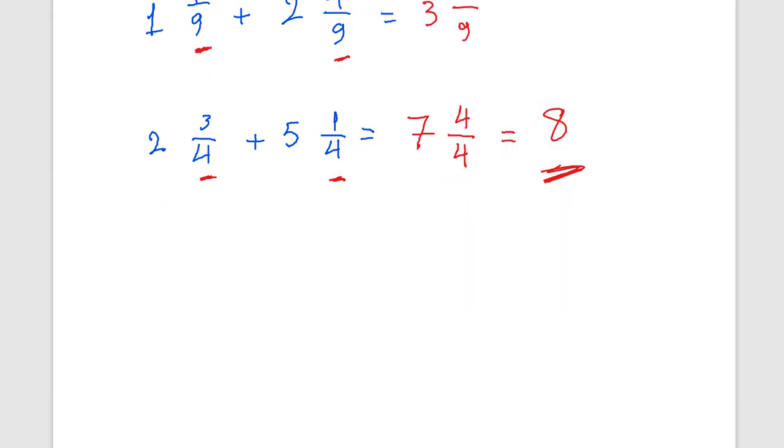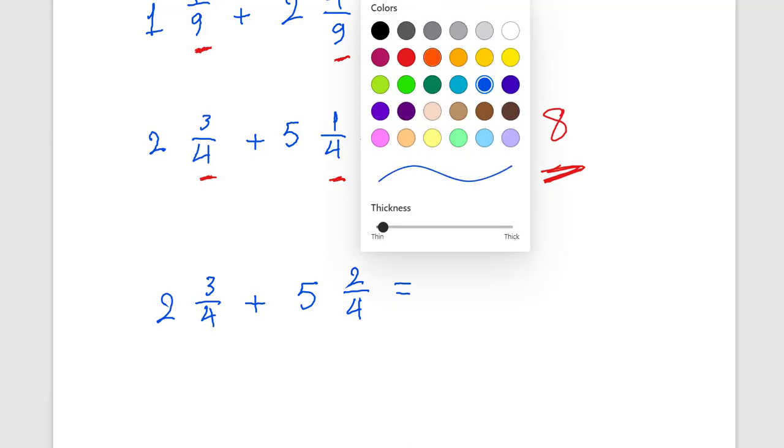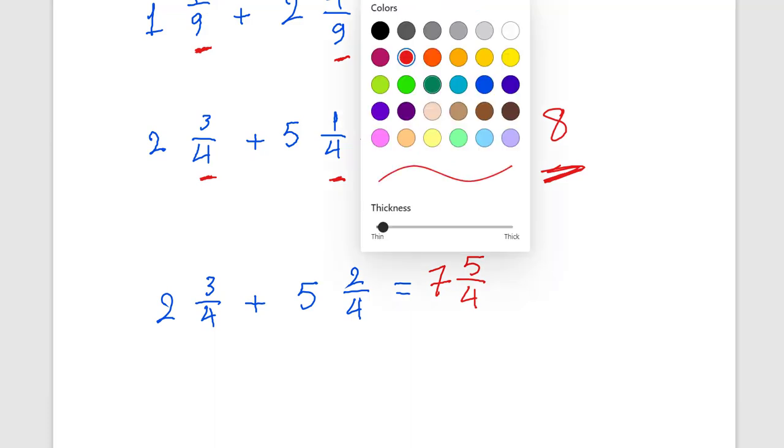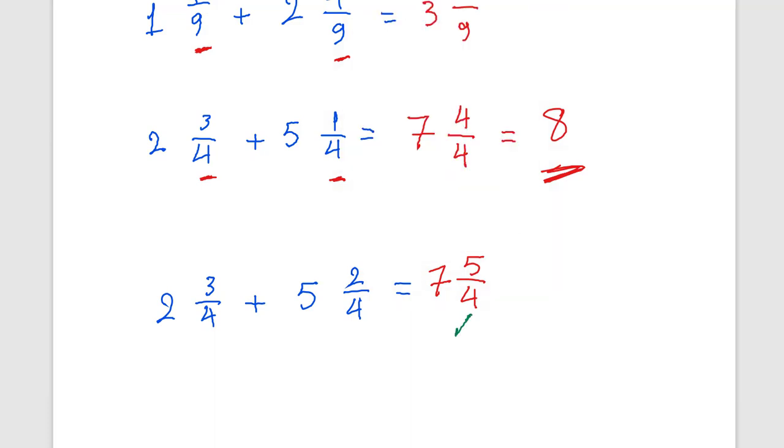Another one. I'm using the same numbers, but I just changed this to make it 2. And let's see why. When we add, this is 5/4 and a whole 7. So in this case, we need to rename. But 5/4 is greater than 4/4, which is 1. 5/4 is greater than 1.